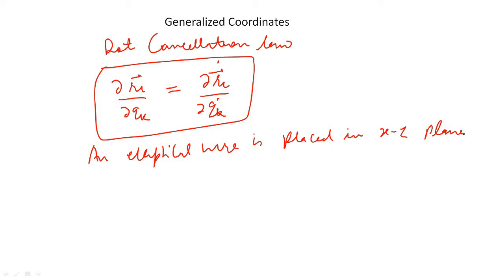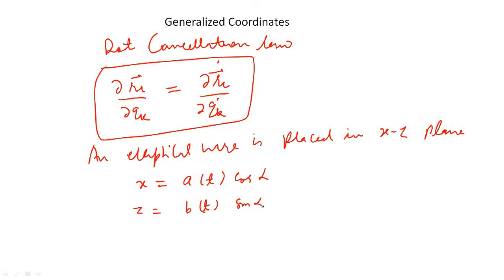We can write the Cartesian coordinates for the elliptical wire. Suppose alpha is the generalized coordinate, and a and b are time dependent constants.